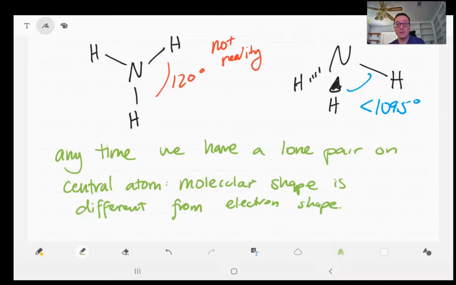So if you can classify anything under those categories, AX4, AX3E, whatever those are, anytime you have an E in your family of shapes, that's when your molecular shape will be different from your electron shape. Does that make sense, Martha?